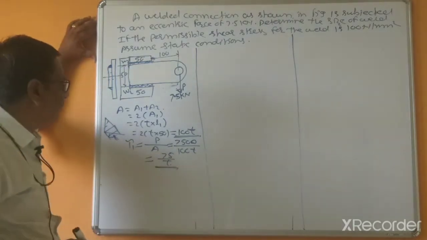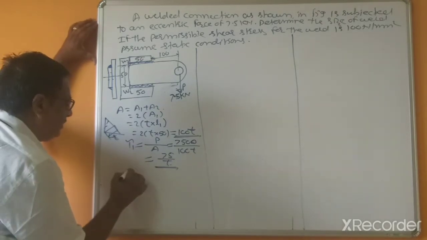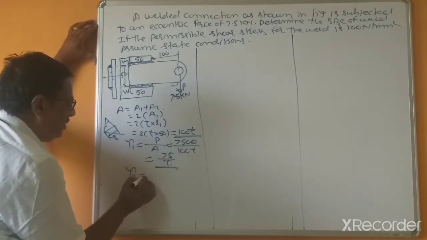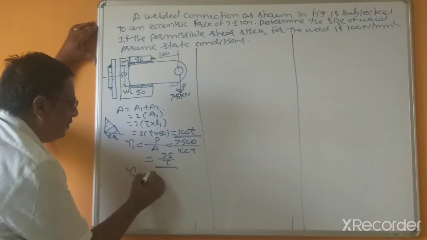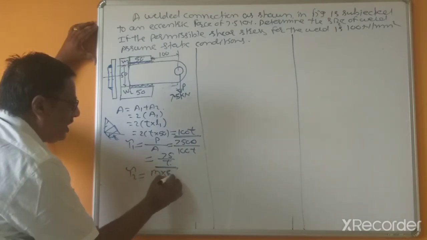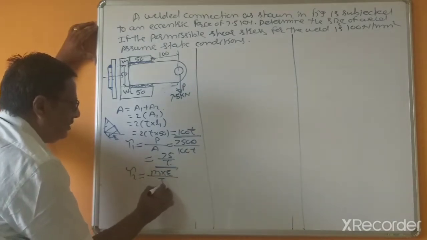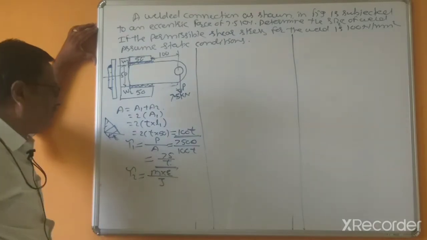This is clear. Next, tau 2, the secondary shear stress, equals M into R divided by J, where J is the polar moment of inertia.